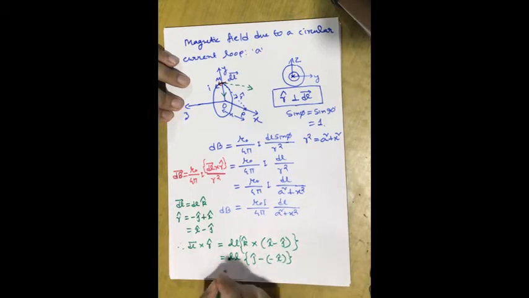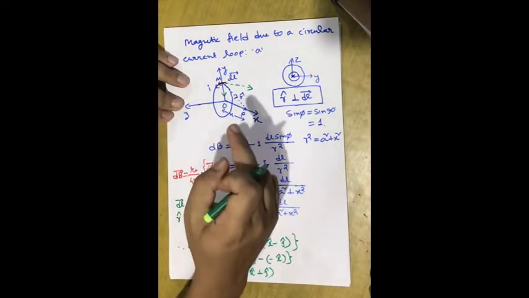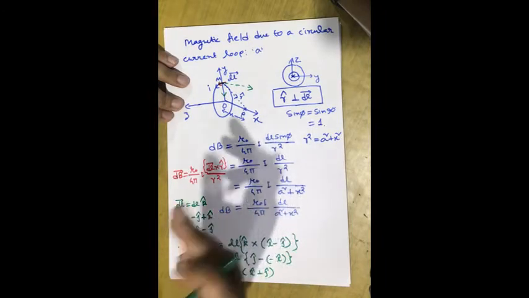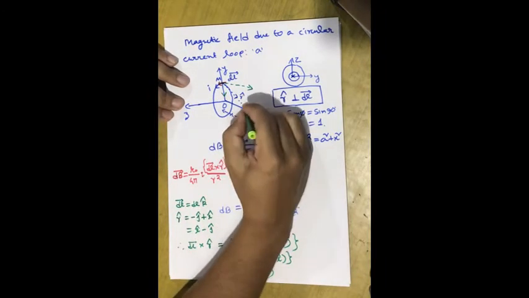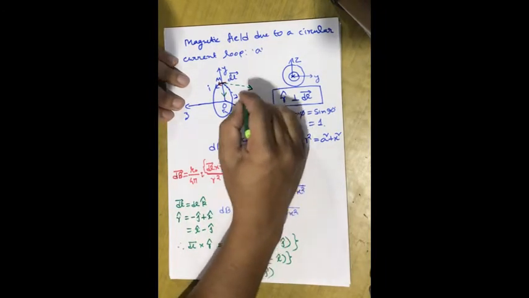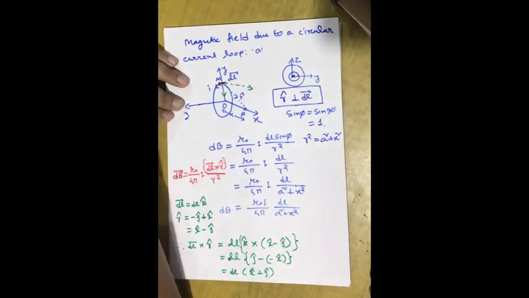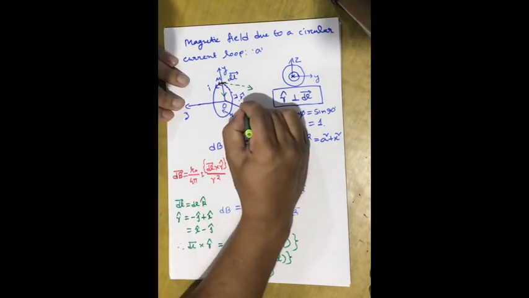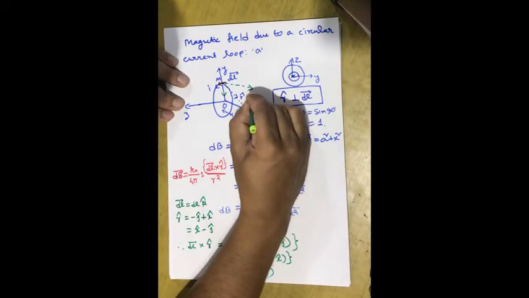So dl into i cap plus j cap. I cap is a unit vector along the x direction and j cap is a unit vector along the y direction. So whatever the direction of the magnetic field, it is going to be in the xy plane. So the magnetic field will be along this direction.